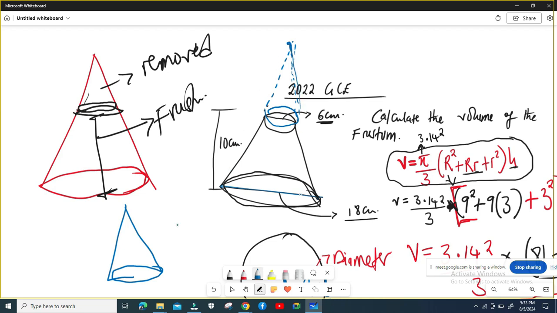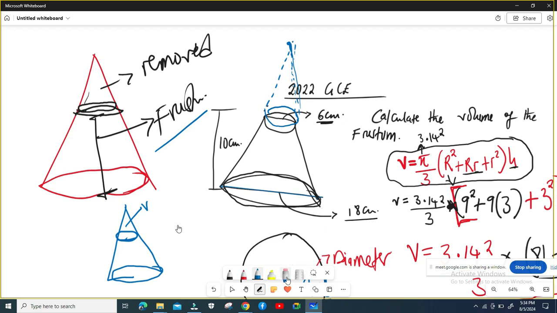Other than that, we also need to know the volume of the cone that was removed. When we know it, we subtract the volume of the cone that was removed from the volume of the entire cone, and then we'll remain with the Frustum. That's how it is. So just in case they ask you to calculate the height of the cone that was removed or the height of the pyramid that was removed, what are you supposed to do? Let me now explain for you.